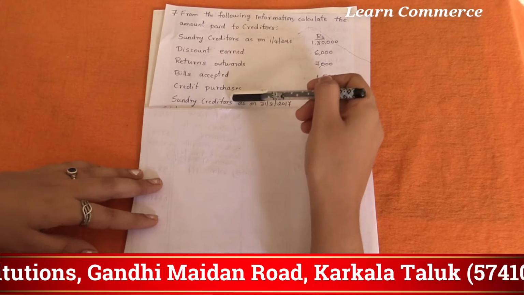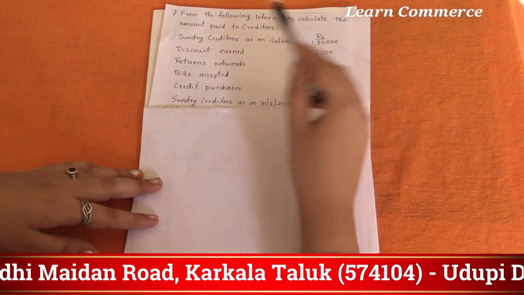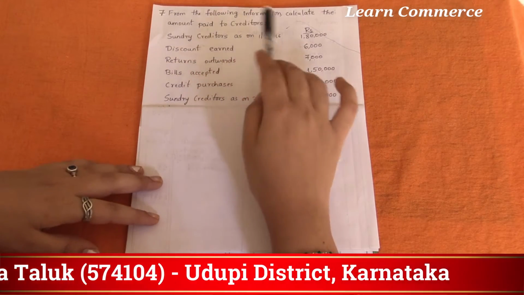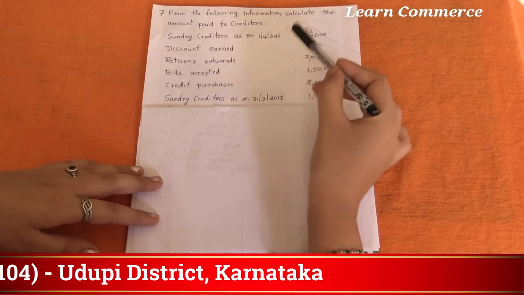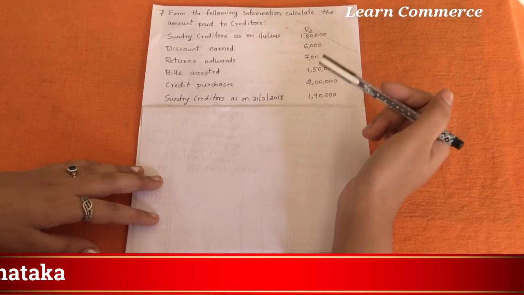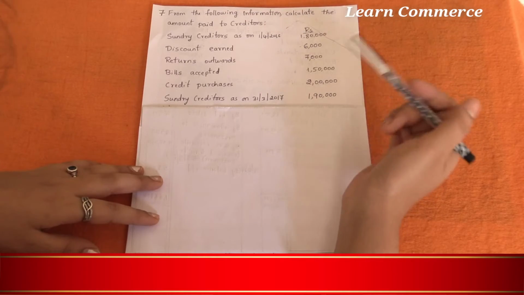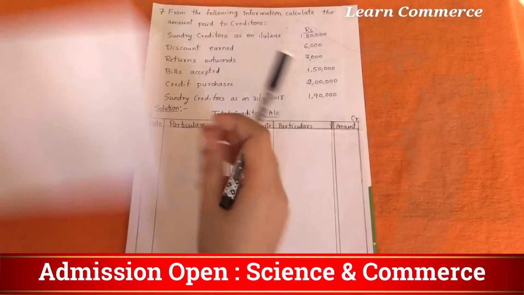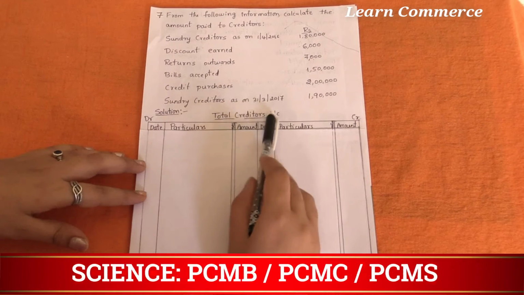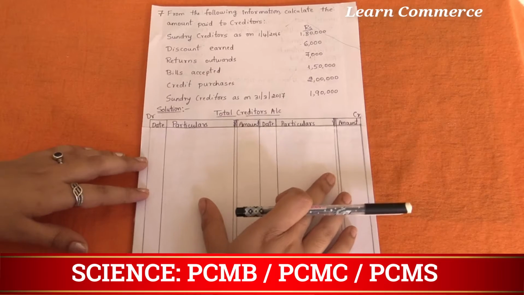Given this information related to creditors, and in the question itself they told to find out the amount paid to creditors. So, we came to know that we have to prepare the total creditors account. Before solving the problem, go through the total creditors format. Next one, solution: total creditors account heading, then draw the ledger.